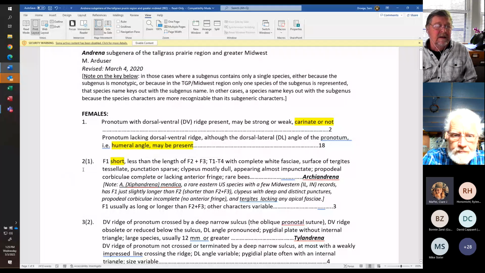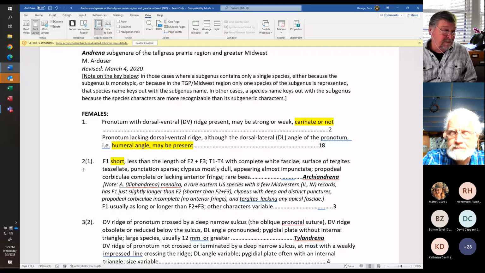So, question real quick from the chat: is the dorsoventral ridge the same as the pronotal ridge? Yes, in general, but that brings up a very good point. Sometimes we use different phrases or words for the same structure, not intentionally, but historically, different terms have been used for the same thing.